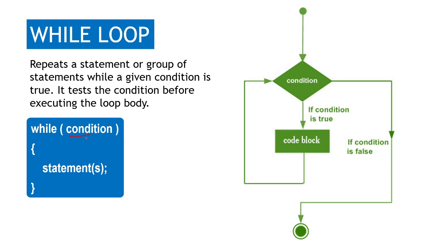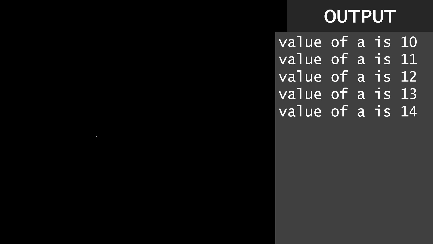So unsa ang statements if true ang condition. Okay, so for example, we will still be writing the output from 10 to 14, but now we will be using the while loop, and I will let you observe and decide which one among the three is the easiest or the most convenient for you.